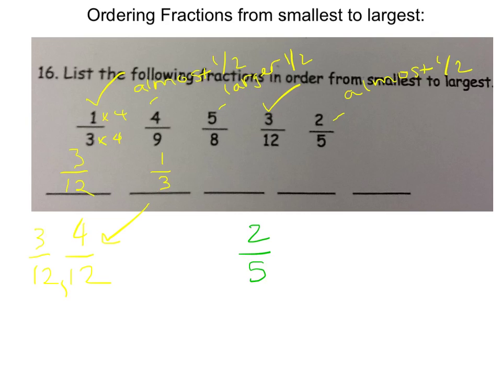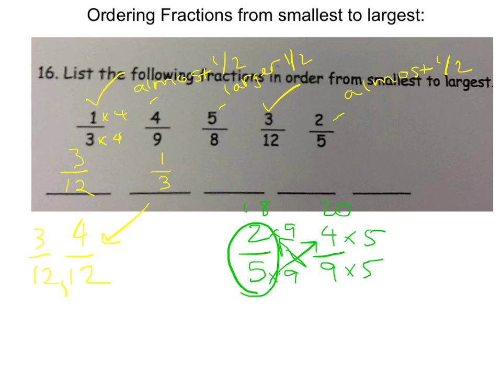So if I cross multiply 2/5 and 4/9, 2 times 9 is 18. 5 times 4 is 20. This fraction would be smaller. Again, I could have multiplied the denominators by themselves, and I would have found the same thing. So next in my order would be 2/5.